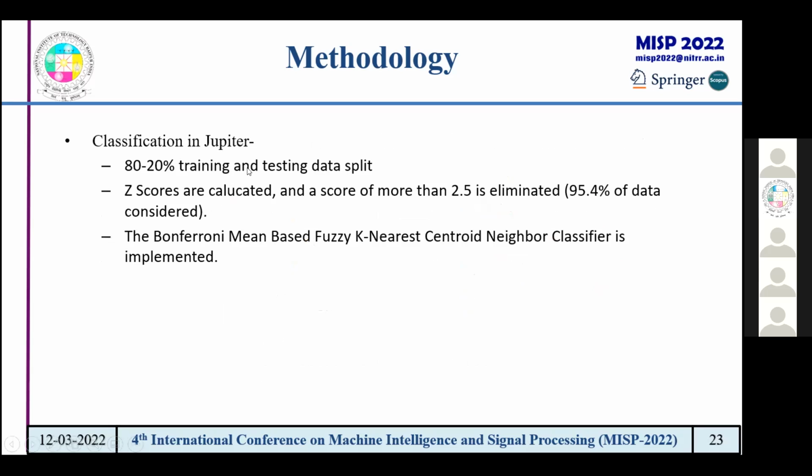For classification, I did an 80% to 20% split: 80% training and 20% testing data. Z scores are calculated here.